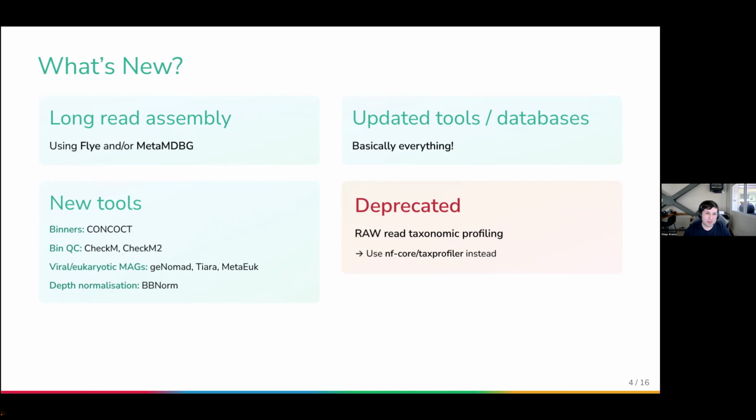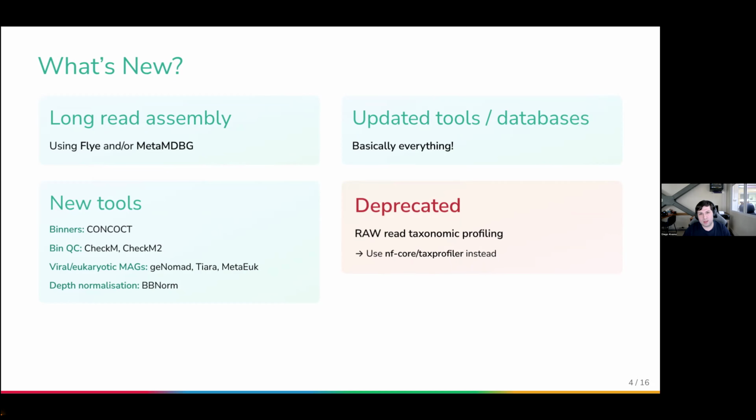And also, aside from that, we have been adding several tools. These are probably the most important ones. So, new binners, that is COMEBin, quality checking tools, CheckM, CheckM2, some tools for non-bacterial genomes, like viral and eukaryotic, and BBNorm for the normalization of short reads.